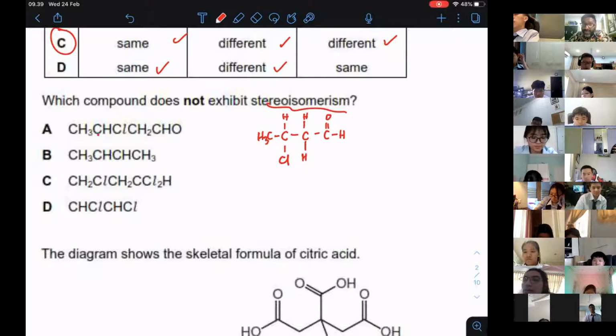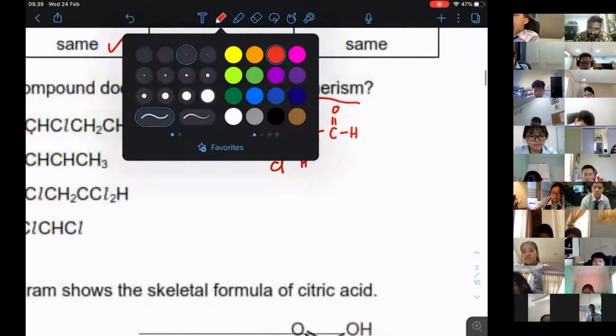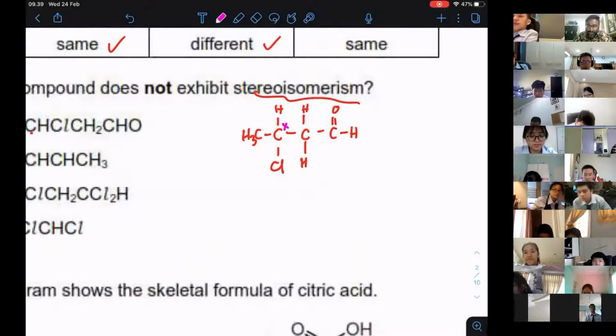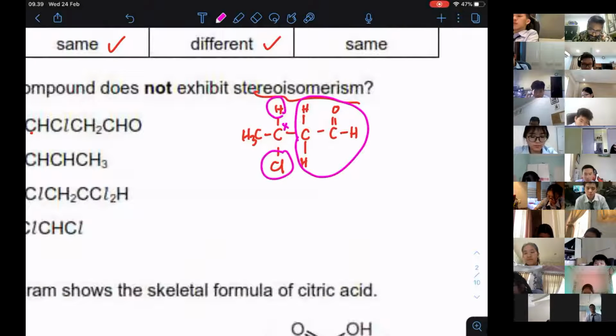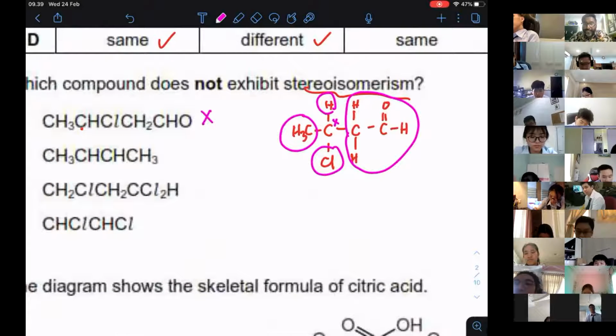What I mean by double bond is the carbon-carbon double bond. Then I also need to look whether they have any chiral center. Here I can automatically see that there is a chiral center. Why? This is one group, this is one group, this is one group, this is another group. 4 different groups. So this one will not be the answer.